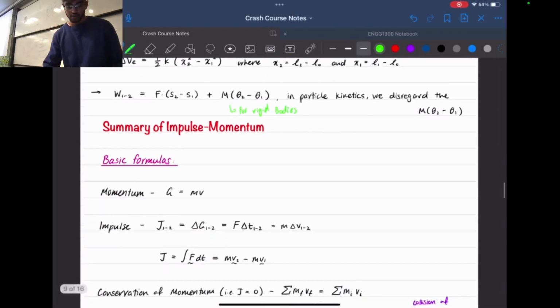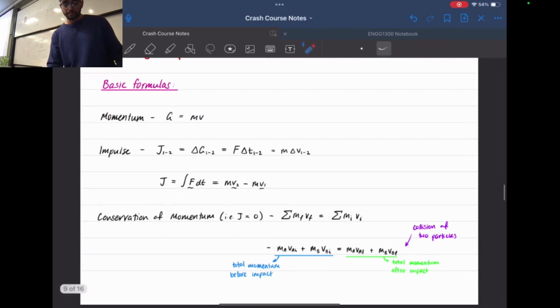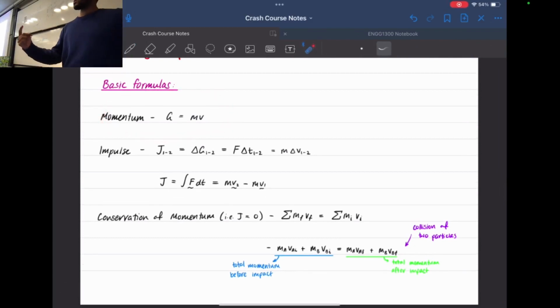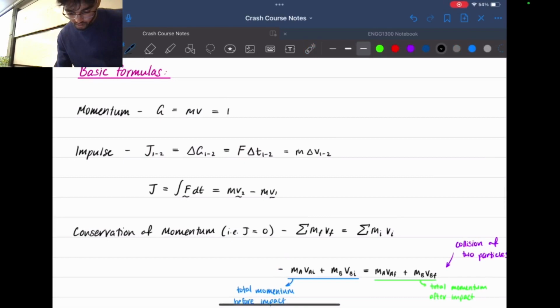So I'll quickly go through a summary of impulse momentum, some basic formulas. The momentum formula, G is equal to M multiplied by V, which is also equal to mass times the derivative of position with respect to time.